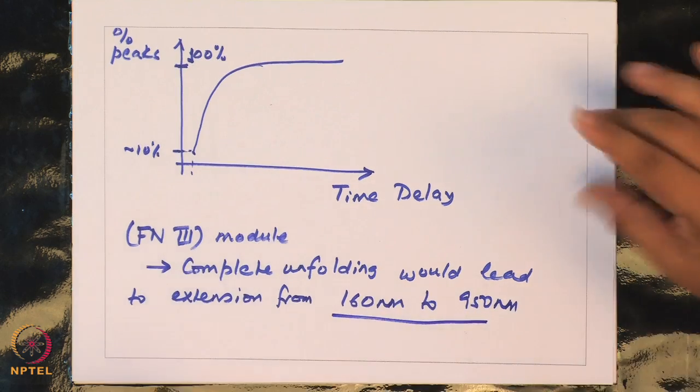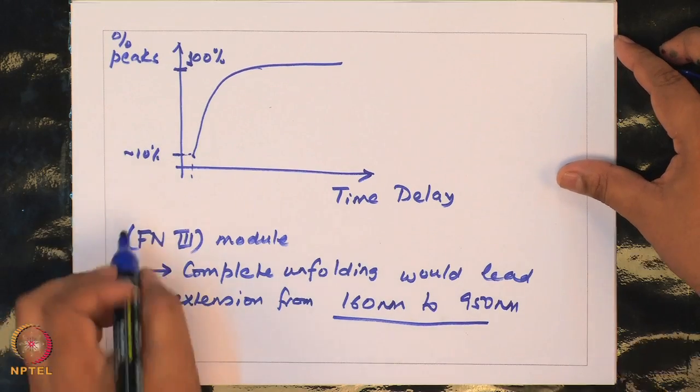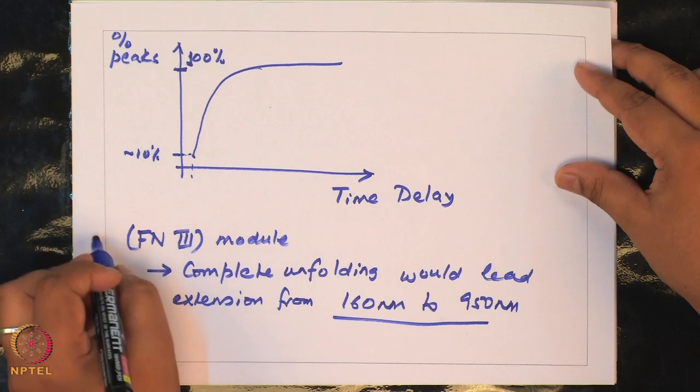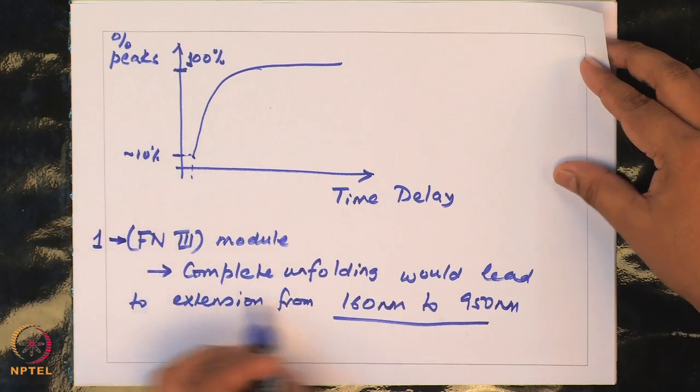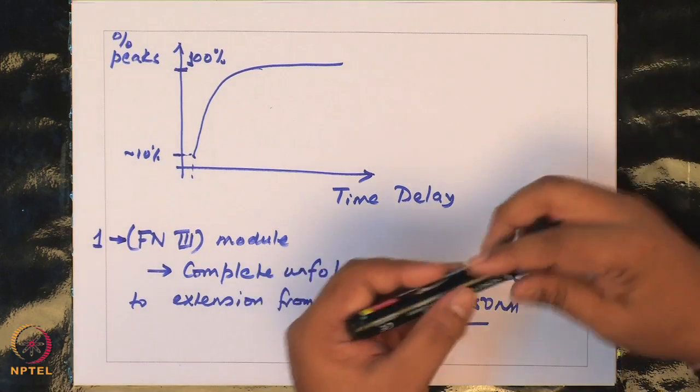That is the increase in length that you observe even for unfolding of one FN3 module. One FN3 module will lead to extension from 160 nanometers to 950 nanometers.